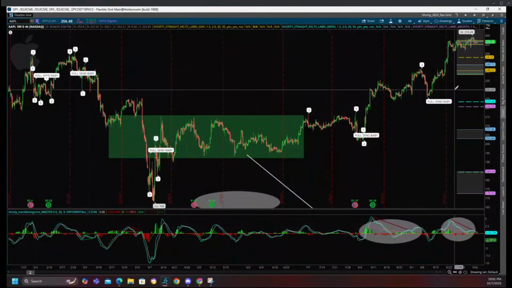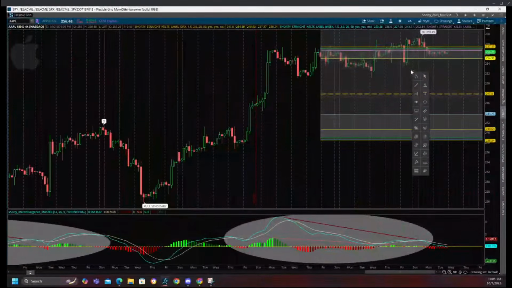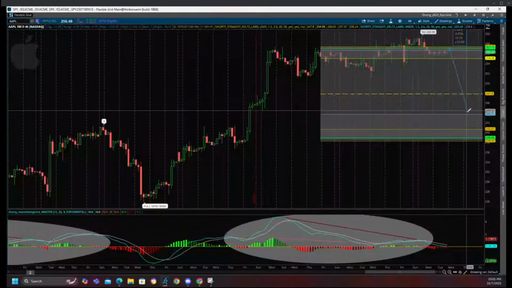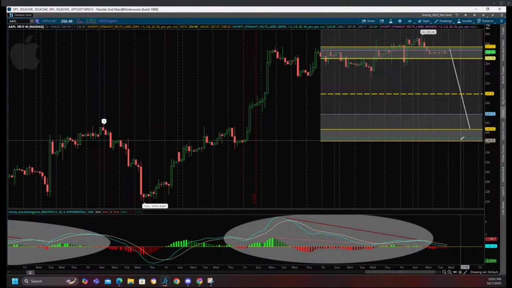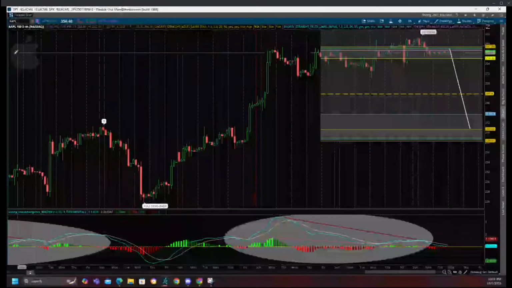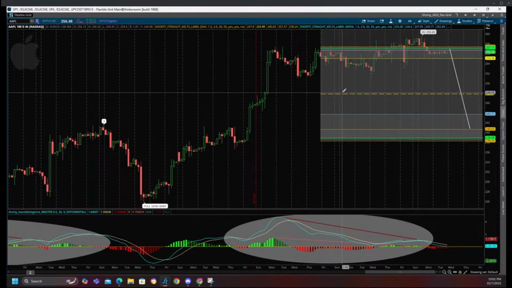So we're probably going to drop on Apple to about 243. If I was to play this, this will happen probably within 3 weeks. You're going here on Apple. So if you're going to play this, what month are we in? October. So I would look at November monthlies, for instance, and target like 240 on Apple.